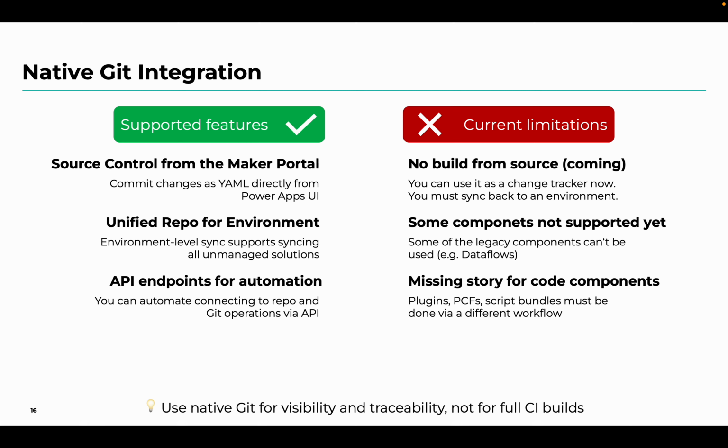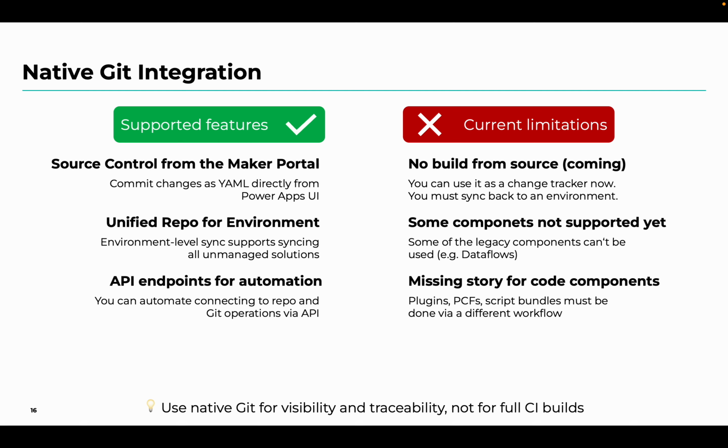There are still some components which are not supported. There are not that many of them, but for example, dataflows, they were not ALM friendly before, they are not now. But if you look at the component type code, you will be able to say that every component type with a code greater than 1000 works with this, because it's on the new solution framework. So it's not part of the customization XML, and it's just different from the old components.